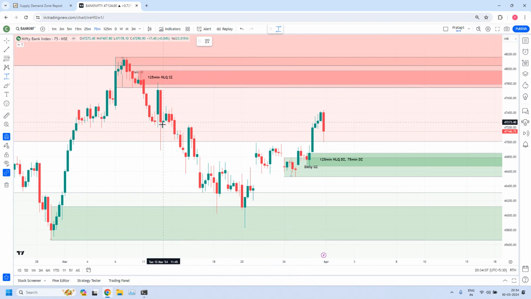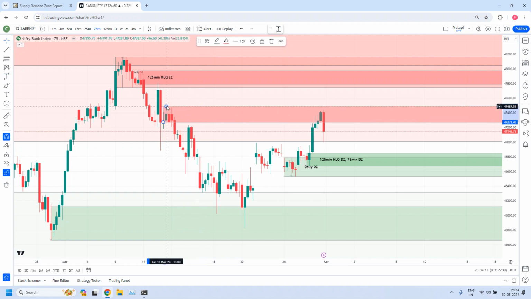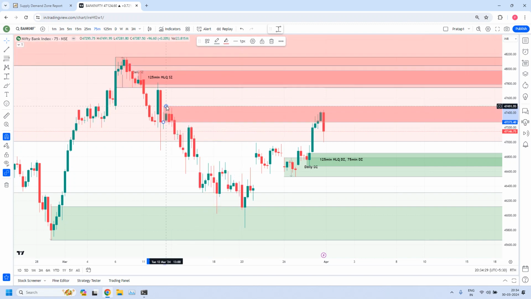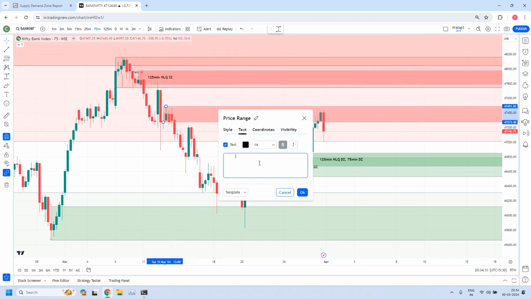So let's draw this supply zone. This is the 125 minutes supply zone. Okay, this is a 75 minute supply zone.